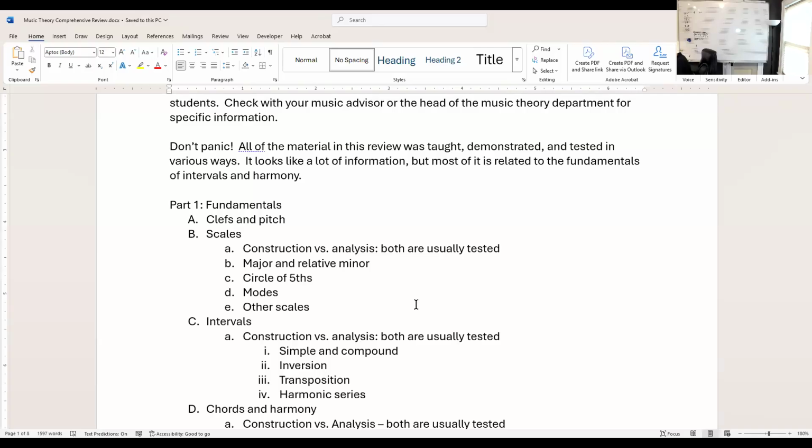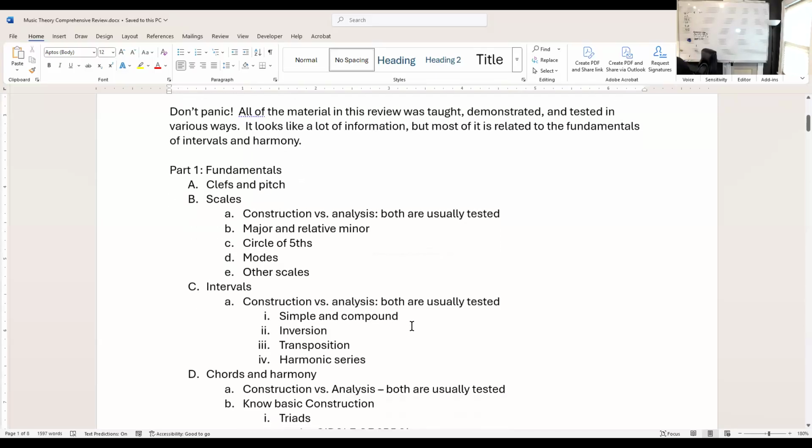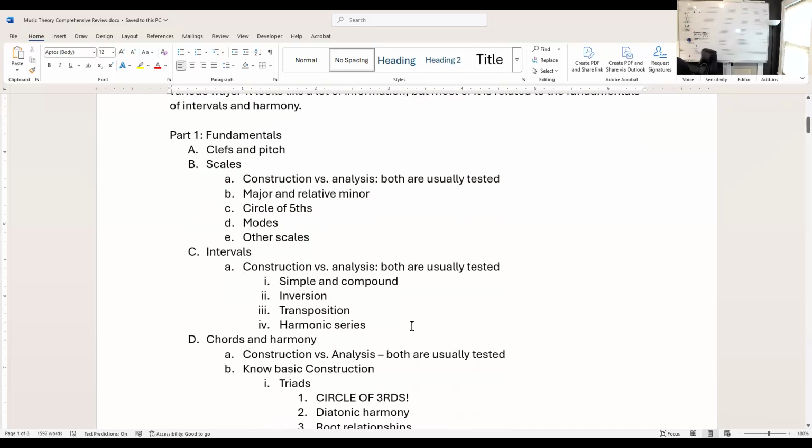And then as we get to music theory 3, all of a sudden we have voice leading and a lot of information about harmony under our belts. When it comes to placement tests, usually what happens is they test at the music theory 3 level first.